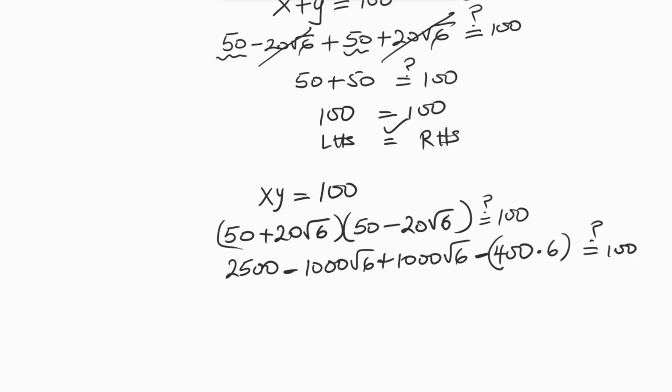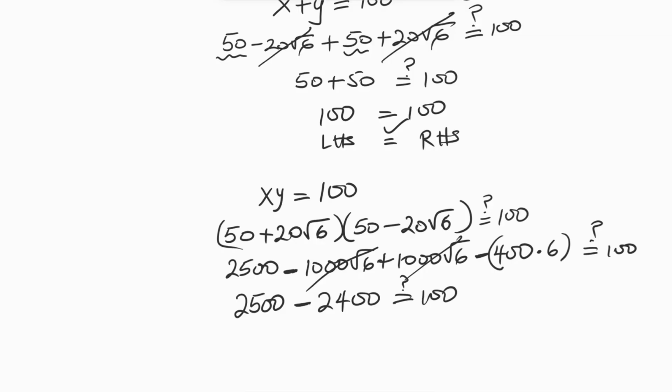So from observation, we can see that minus 1000 root 6 plus 1000 root 6 both cancel out. And then what we have left is 2500 minus 400 times 6, which is 2400.